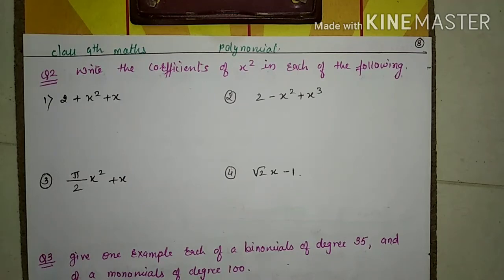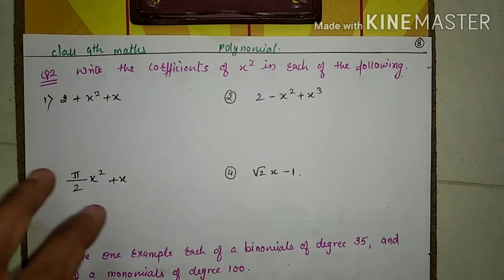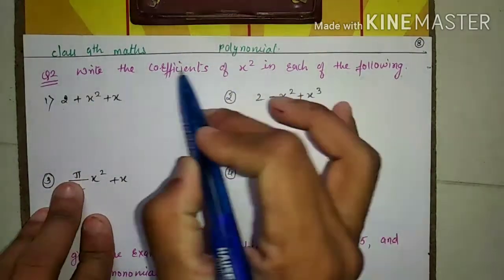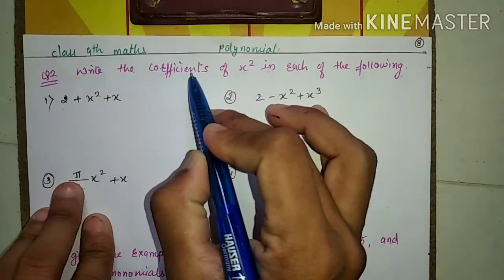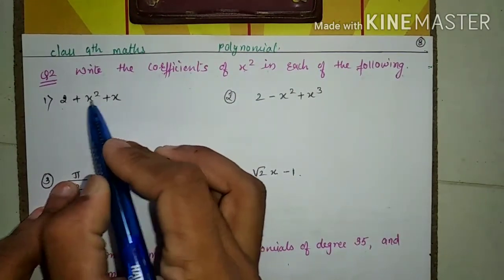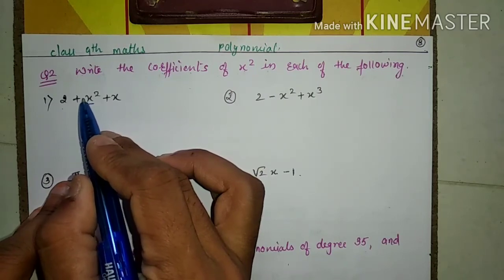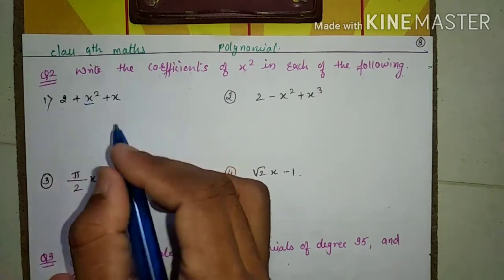Now come to the questions. I am solving some questions, you have to try. Okay, first question I am solving: 2 plus x square plus x. What you have to find is x square's coefficient. So where is your x square? This one. If no number is shown with this x square, you have to consider 1. So what will you write?